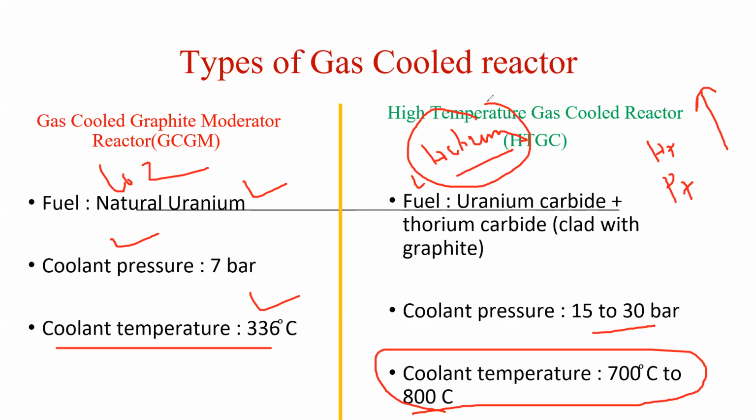So this is the disadvantage of helium as a coolant. I hope you understood the difference between the gas cooled reactor and the high temperature gas cooled reactor. It is just a matter of the different materials used: control rod, fuel, then coolant pressure and coolant temperature.